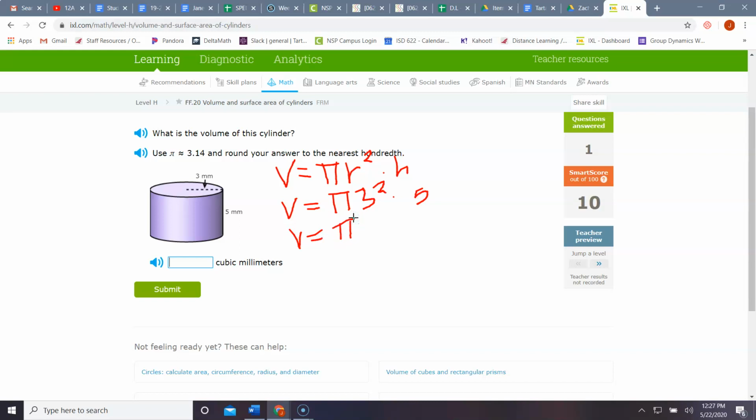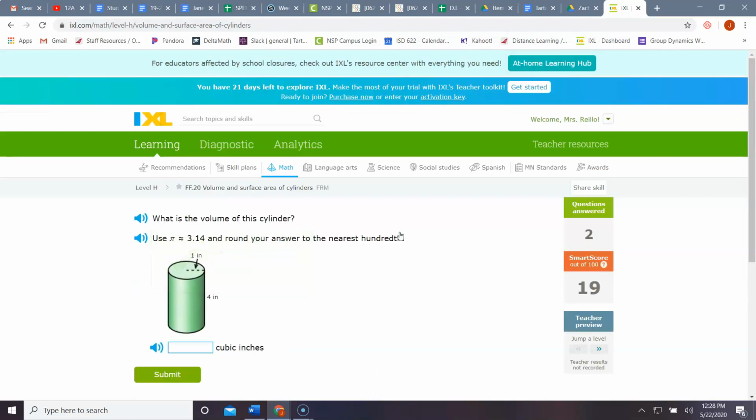Three times 3 is 9 times 5. Grab your calculator, go ahead and just multiply everything together. So we have 3.14 times 9 times 5, and that should give us an answer of 141.3. All right, let's skip ahead and see if we can find a surface area.